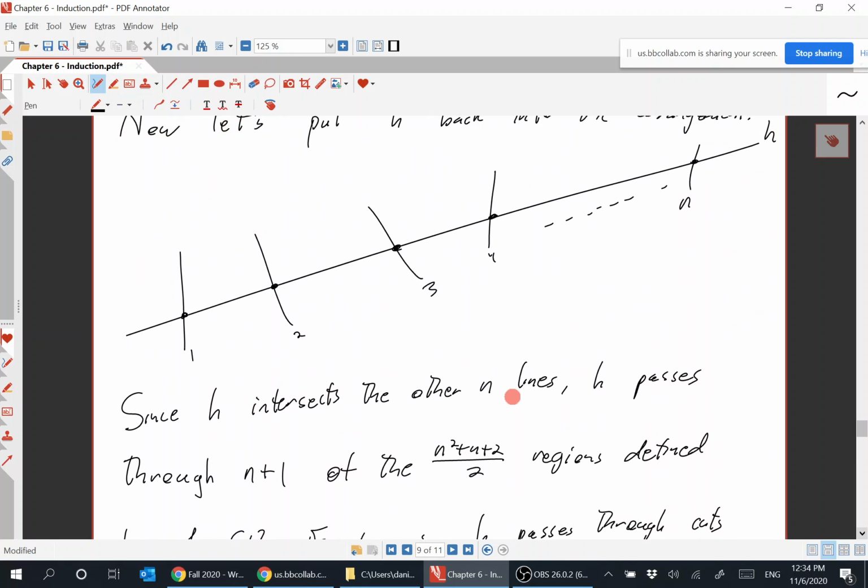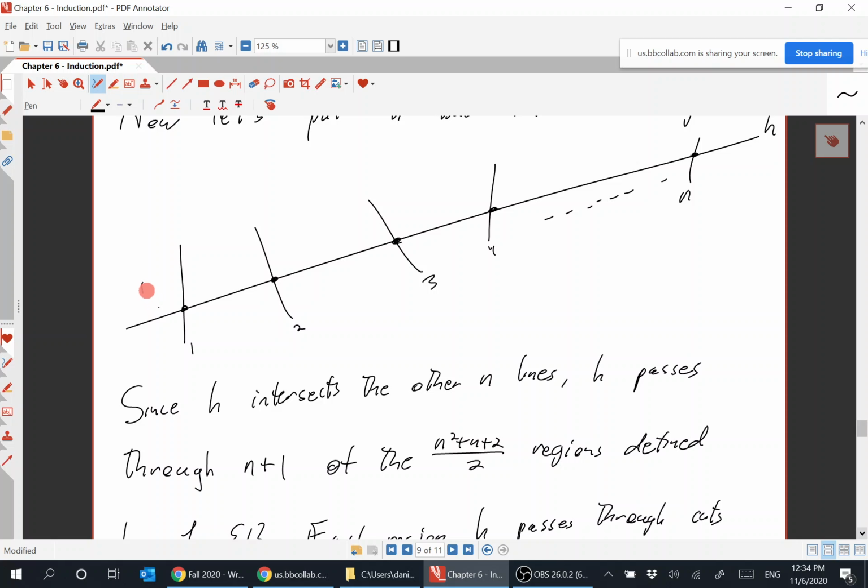Each region that H passes through, like this was a region, and then that region got cut into 2 subregions, subregion A, subregion B. So every time you cut a region in 2, the number of regions increases by what? My arithmetic's pretty rusty, but I think it doubles.